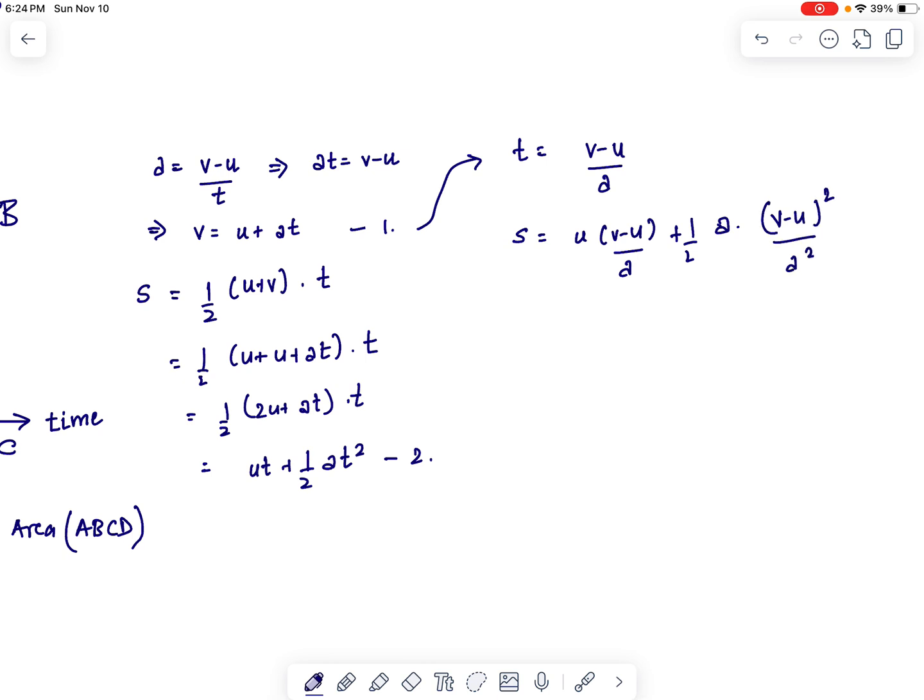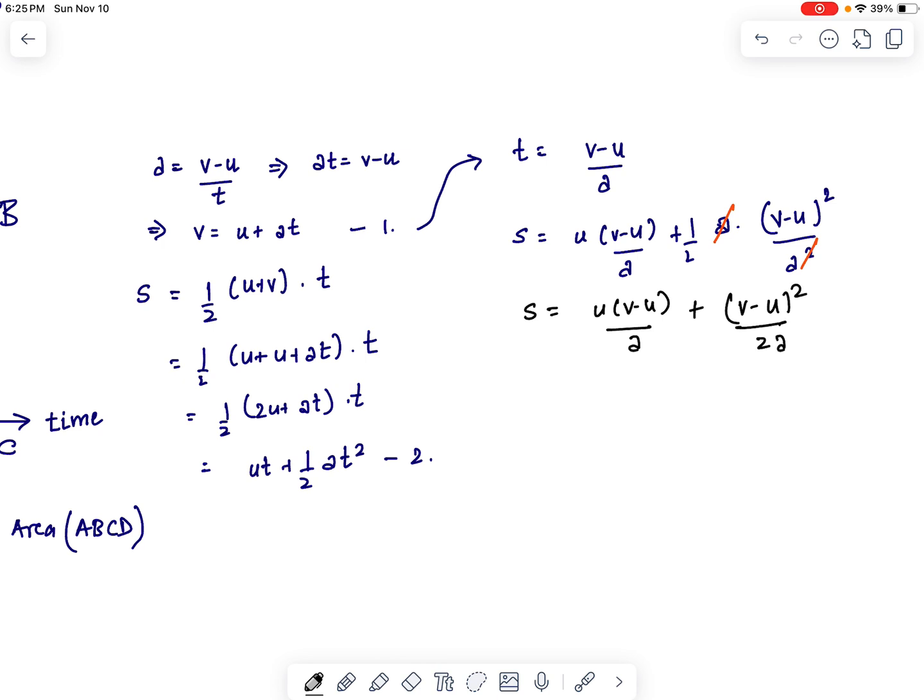Essentially, one of these a's and the a squared cancel out, and here we get s equals u times (v minus u) divided by a, plus (v minus u) squared divided by 2a.